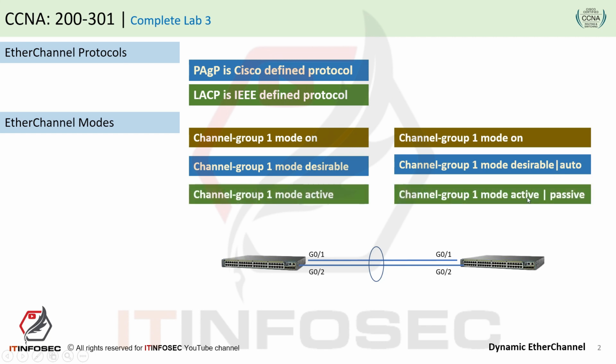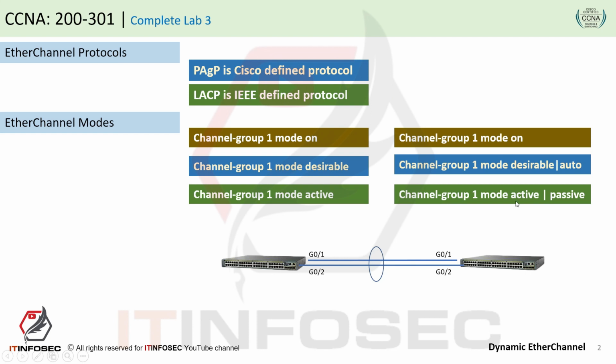And if you want to configure with LACP, you should configure the first side as channel-group 1 mode active, and on the other switch channel-group 1 mode active or passive.